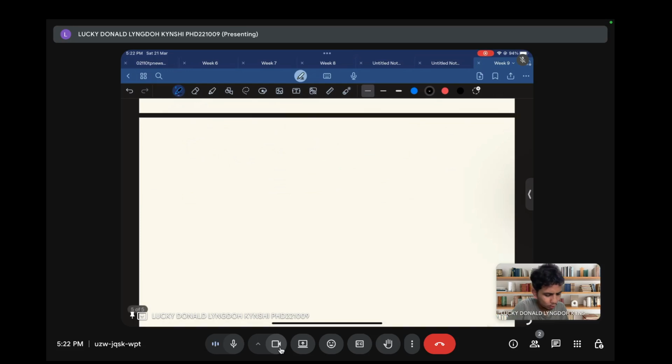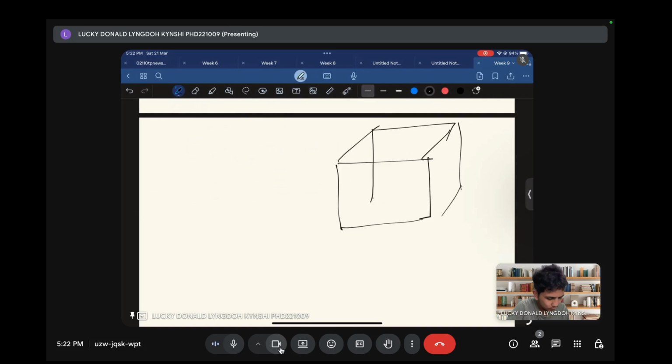So if I draw very roughly, this is like a simple cubic. Suppose this is a cube. How are the Na arranged? Na atoms are arranged one here at the corners, 2, 3, 4, 5, 6, 7, 8. That is one thing.